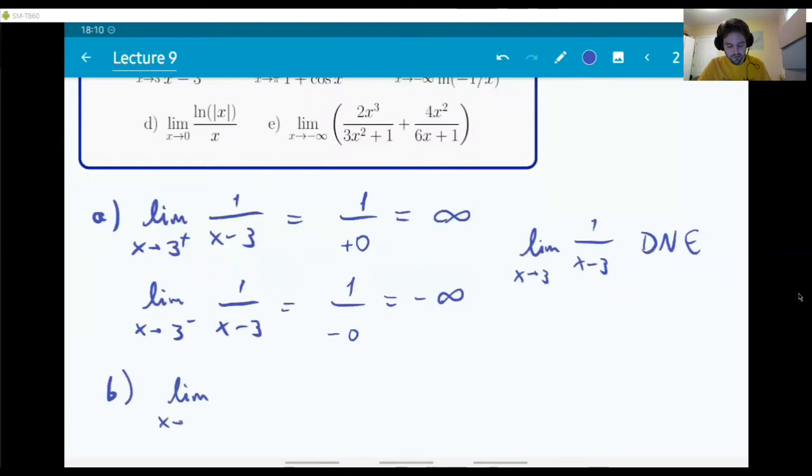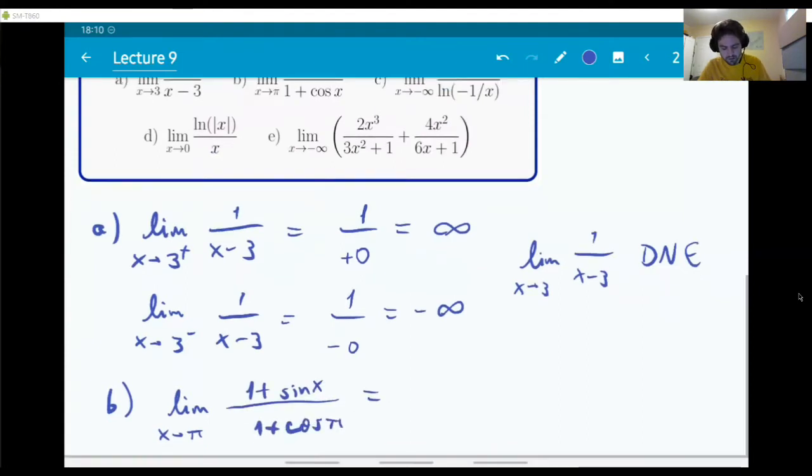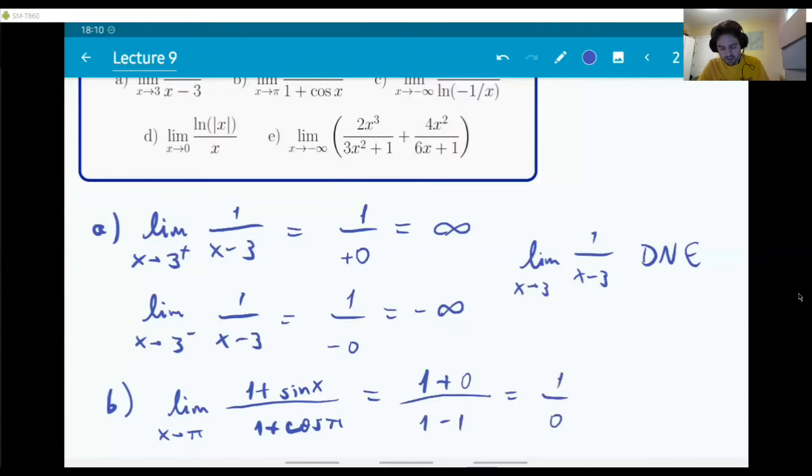Doesn't matter if you're coming from the left or the right. We don't need to analyze those separately. Okay, let me first write down the thing that we already mentioned, 1 plus 0 divided by 1 minus 1. This is a 1 over 0, but this 0 is plus. This limit is plus infinity.